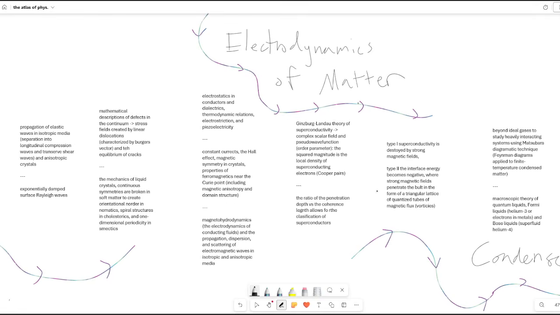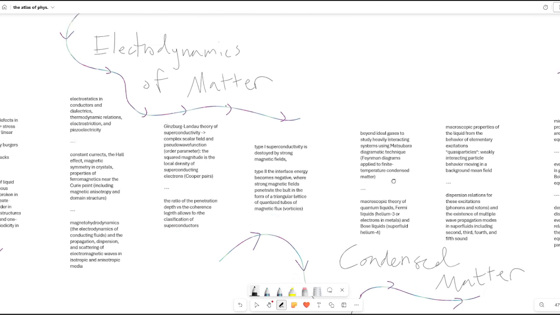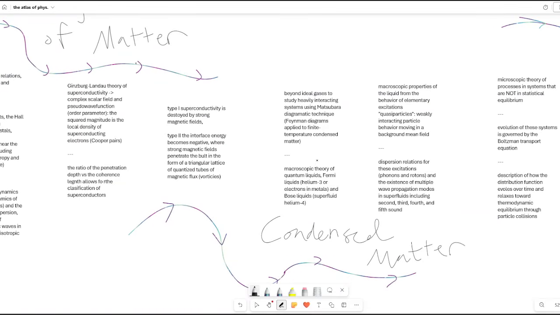Basically, it formulates these ideas of supercurrents and all of these things. So it's very cool. Now we'll go on to condensed matter.